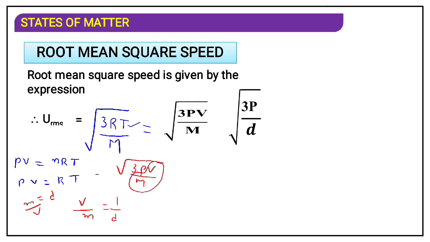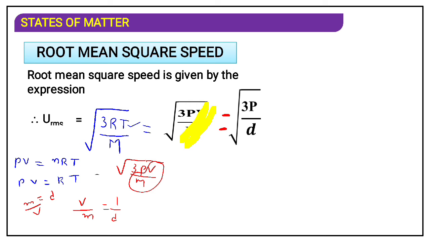That's why in the place of V by M, we are substituting 1 by D. Then it becomes root 3P by D. Why are we writing root 3P by D?